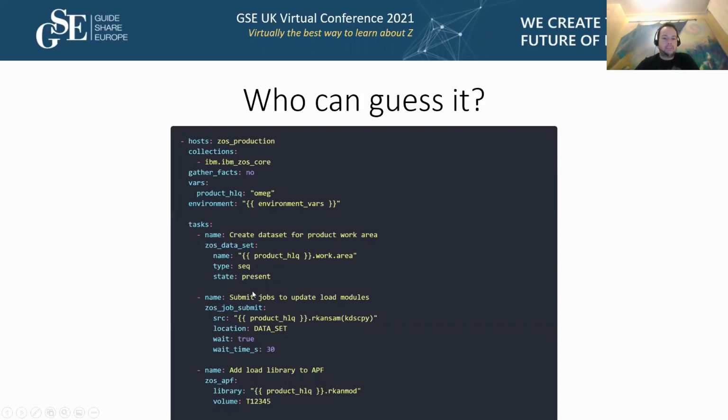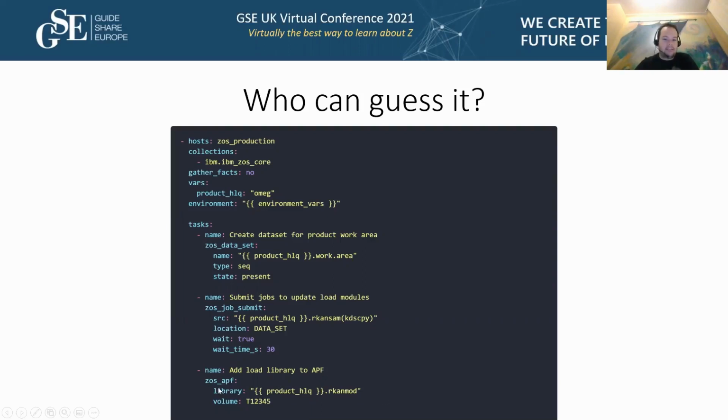Then I'm submitting some jobs that I have to update load modules. And here you can see the source where this job is located. It's located in a data set, and I want to wait 30 seconds after this, so I want to wait for the execution of this job. At the end I'm adding this load library to an APF.